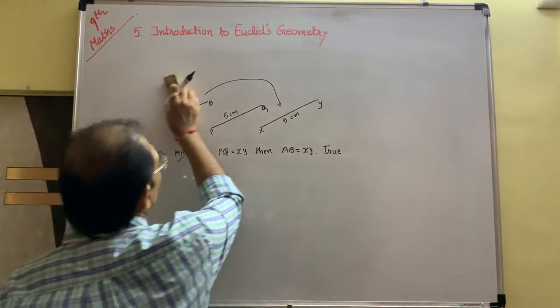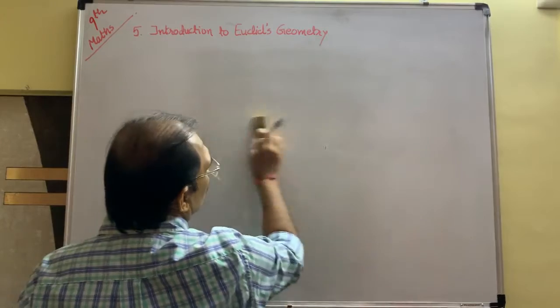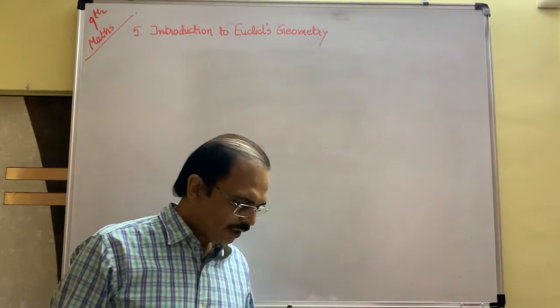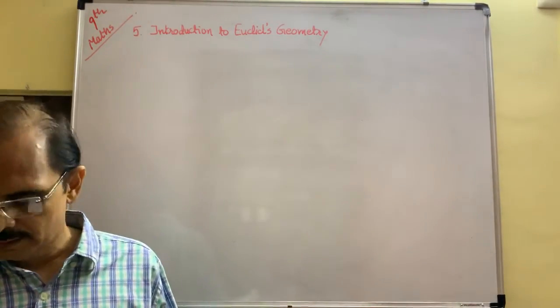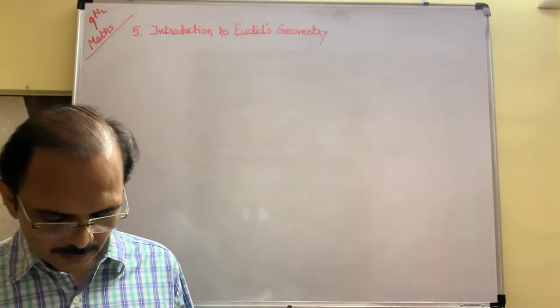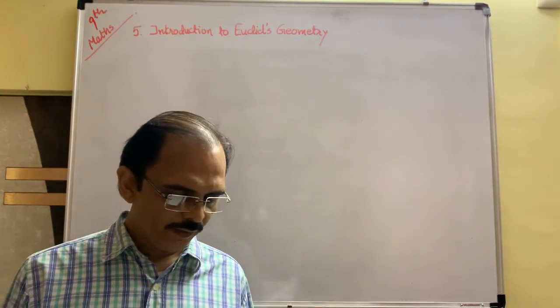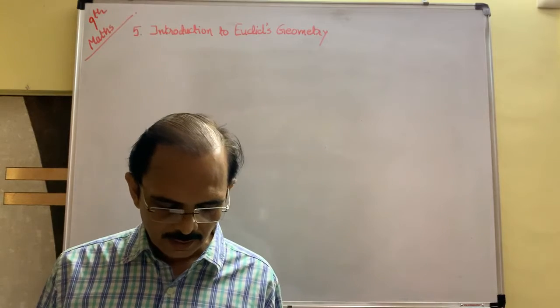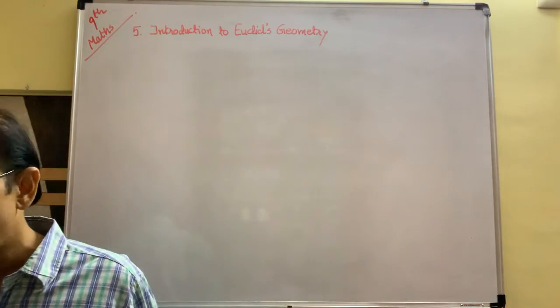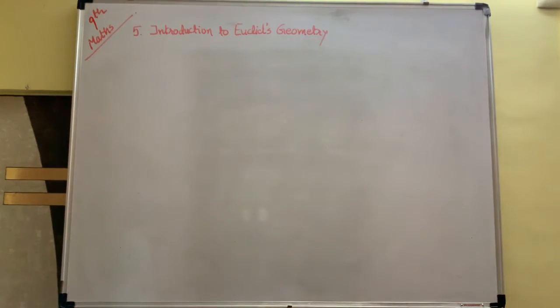Now question number 2. Give a definition for each of the following terms. Are there other terms that need to be defined first? And how might you define them? See.